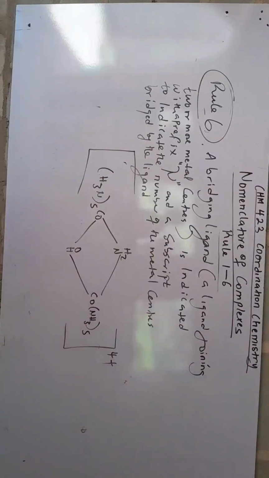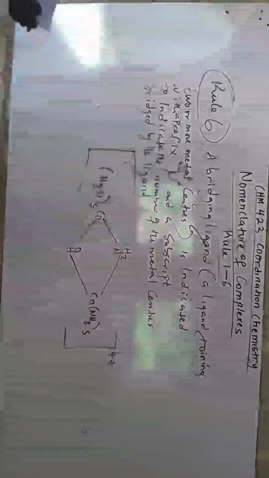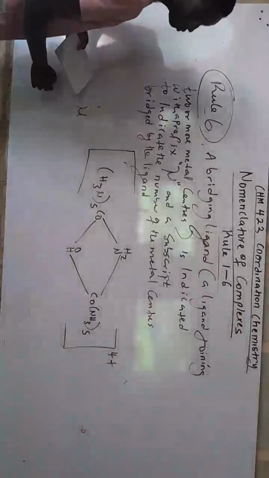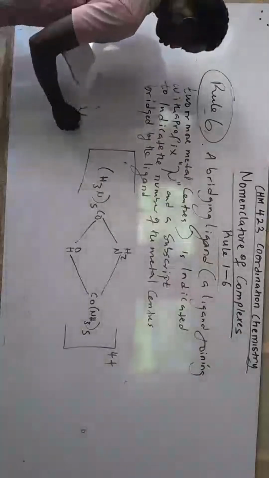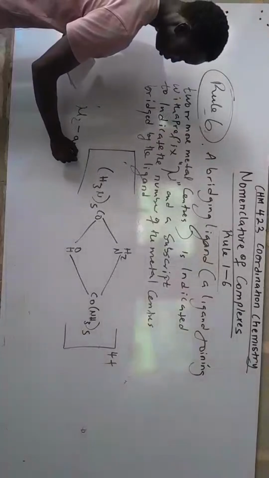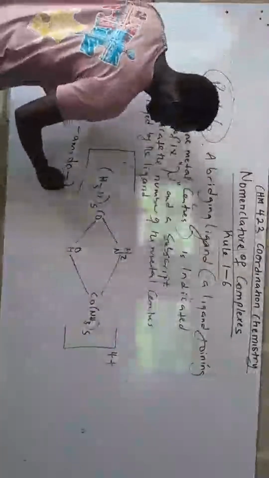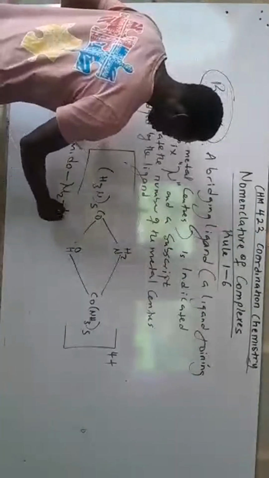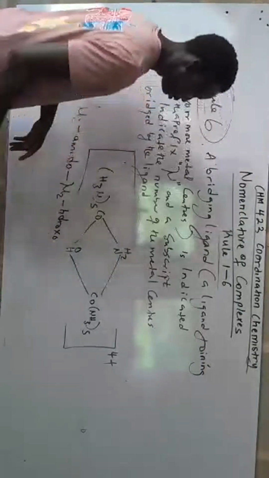Okay, so using this that we have here to indicate what we need, we are going to have di-μ-amido, which is two of it, followed by di-μ-hydroxo.